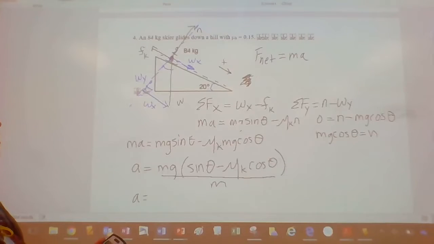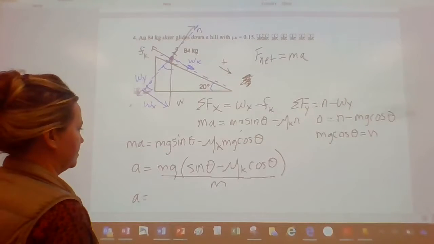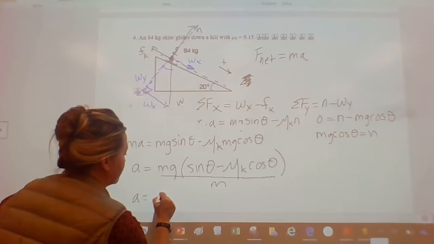Okay, so 84 times 9.8. So I got 164 meters per second squared. Totally not the right answer. So let's take a look at this real quick to see where we're going wrong.